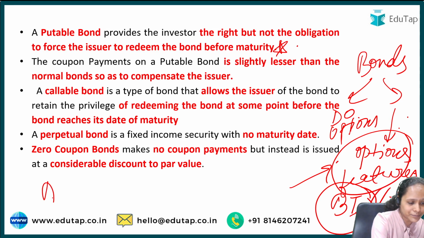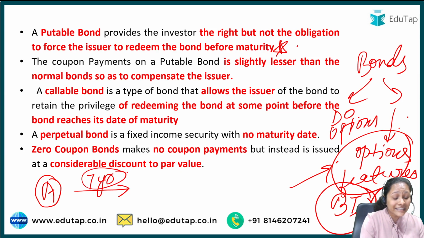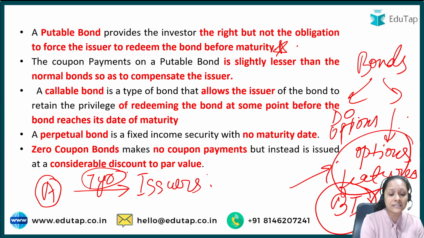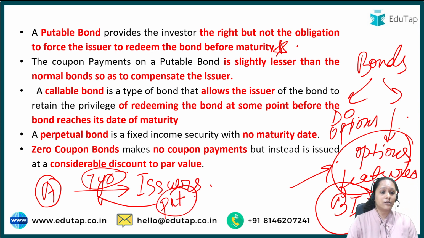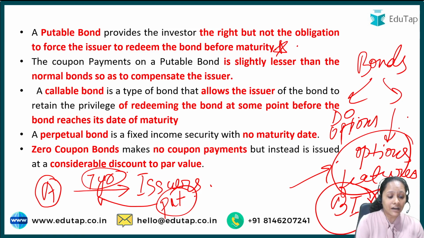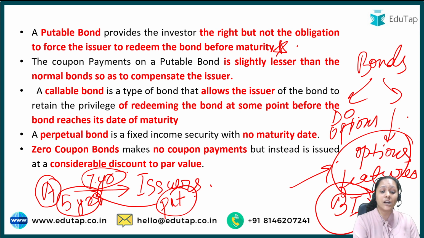Let's say there is a company A who issues bonds of 7 years maturity period, and it says to its investors that you can exercise your right, that is the right of putting, after 5 years, which means within 5 years we as an investor cannot exercise this right. We cannot ask the issuer to redeem our money back, but after 5 years we can do so.